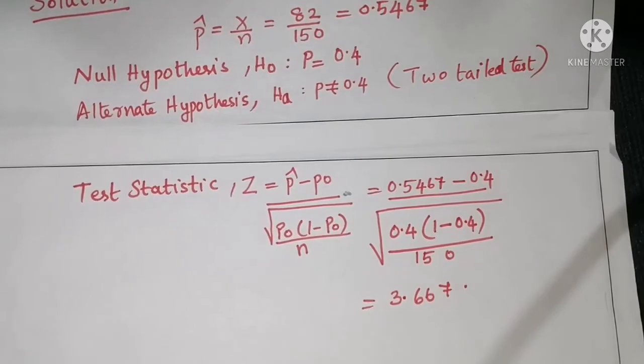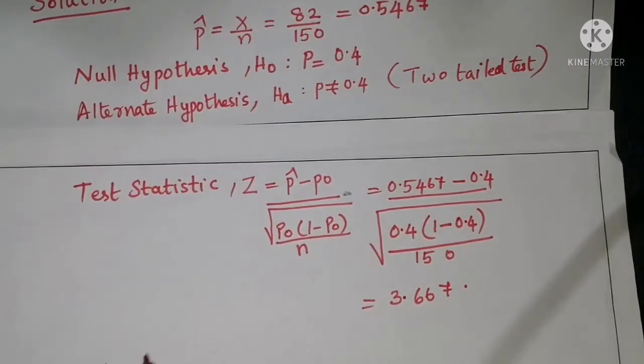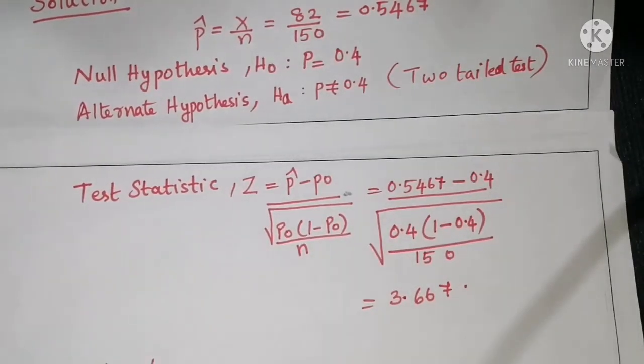Next, first at 1%, at a level of significance equal to 1%, that is alpha equal to 0.01, Z alpha by 2 equal to 2.58. So Z is greater than Z alpha by 2.